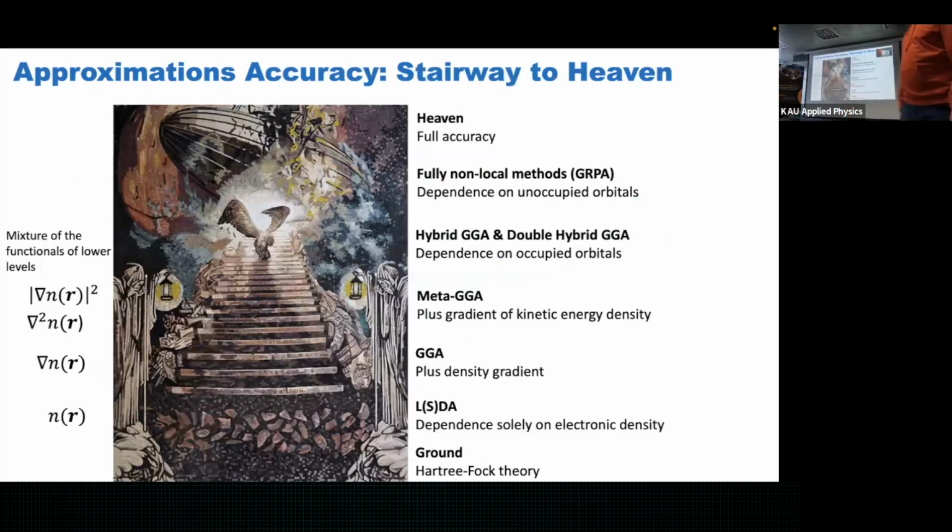And maybe, this slide summarizes what we have learned. We have moved from Hartree-Fock to LDA, GGA, meta-GGA, plus electronic density, gradient of electronic density, gradient of kinetic energy density. Then we made all this combination of these levels to work with some particular systems because they are highly adjustable.